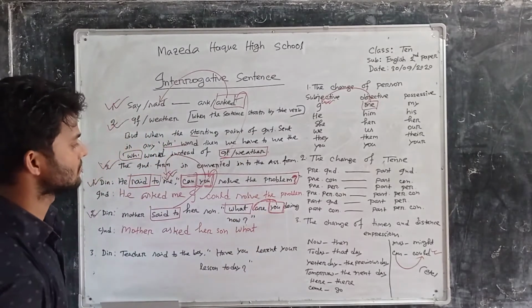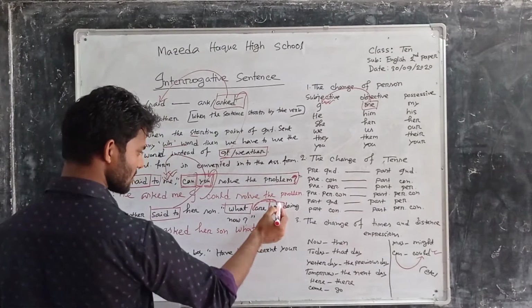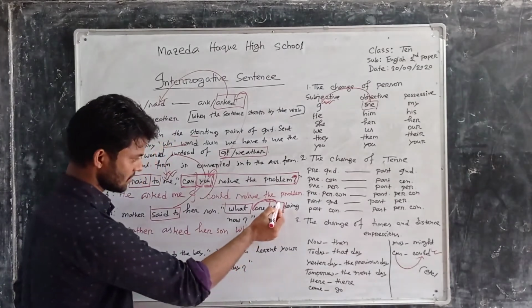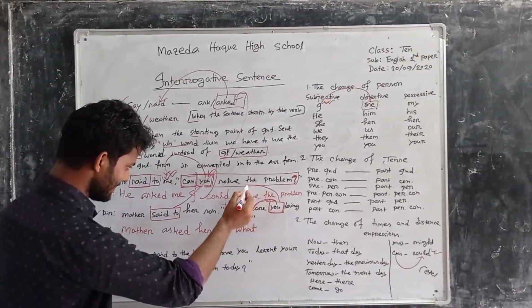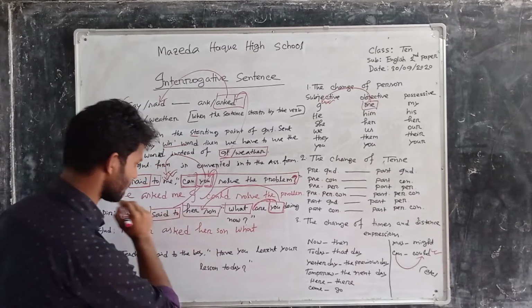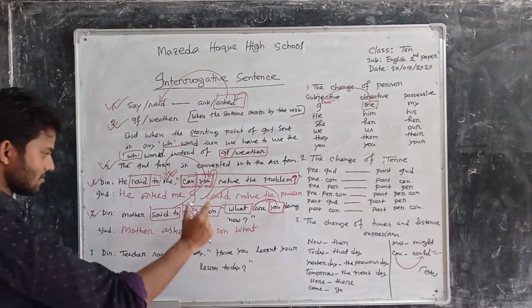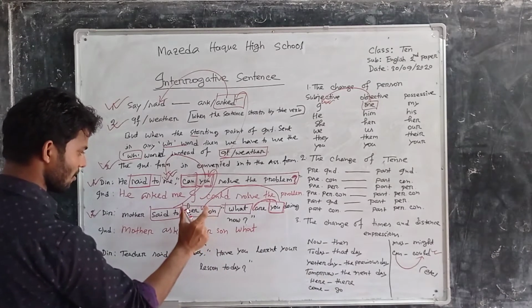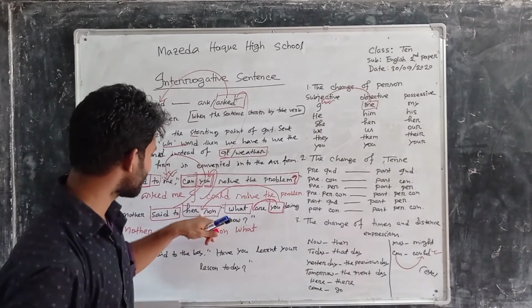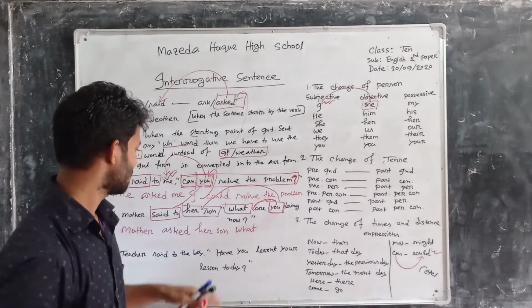We know the subject of reported speech is changed according to the object of reporting verb. And here the object of reporting verb is her son, and we see the pronoun of her son is he.